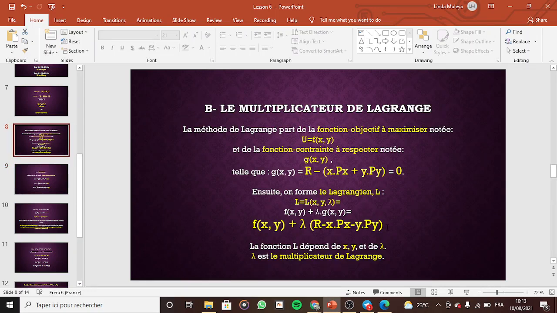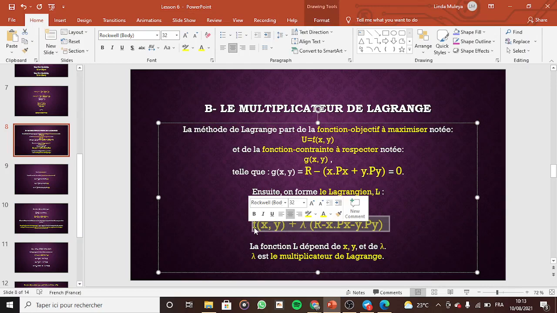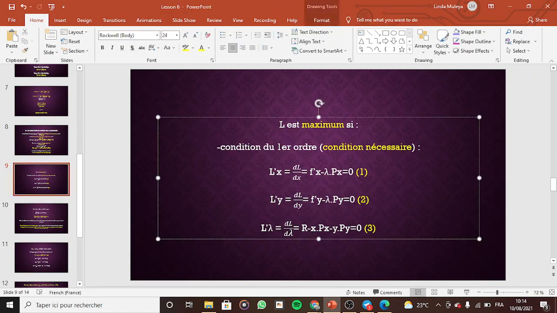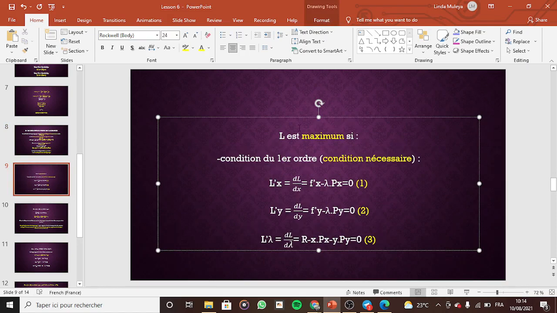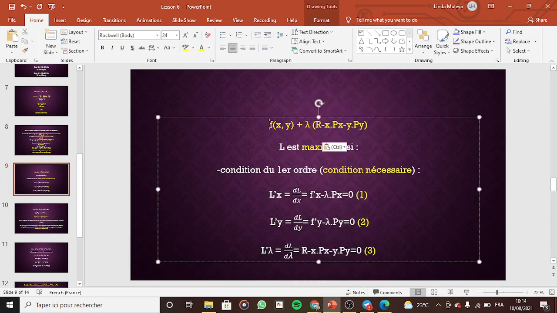So what we'll do is we'll take this so that it's clearer to see. Copy, and then we'll put it here. And we'll say L is equal to this.